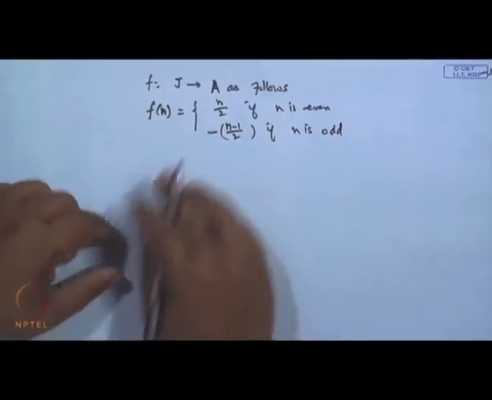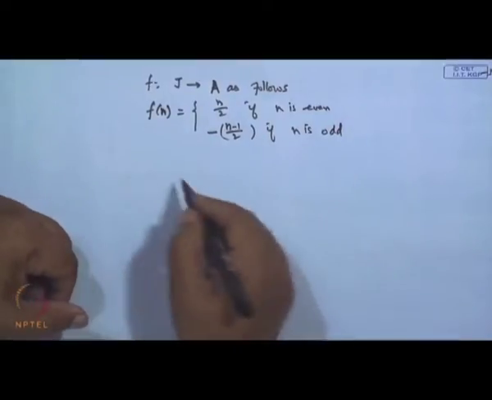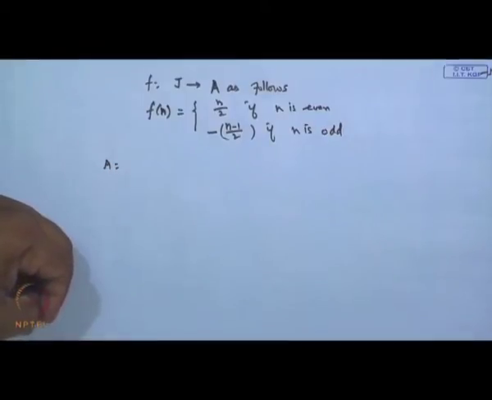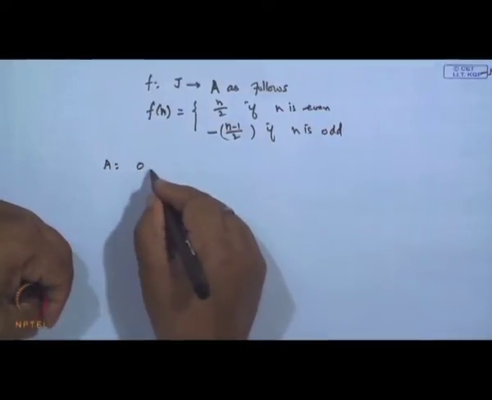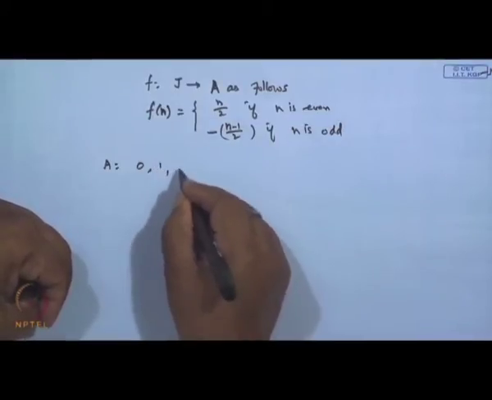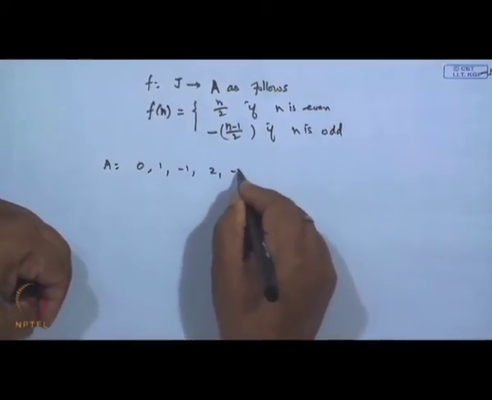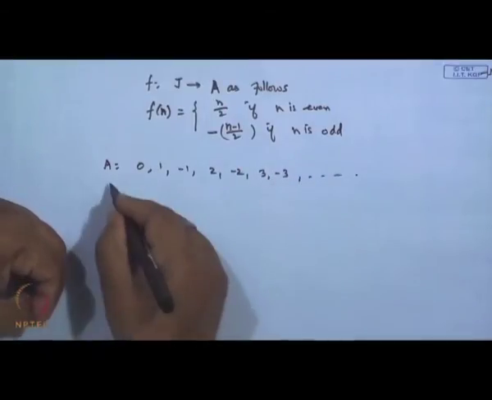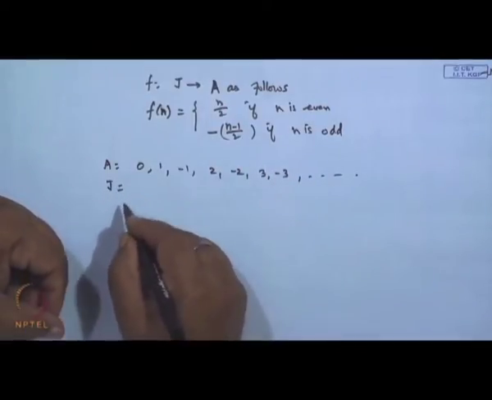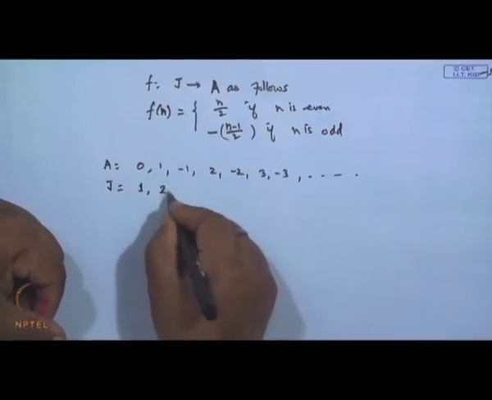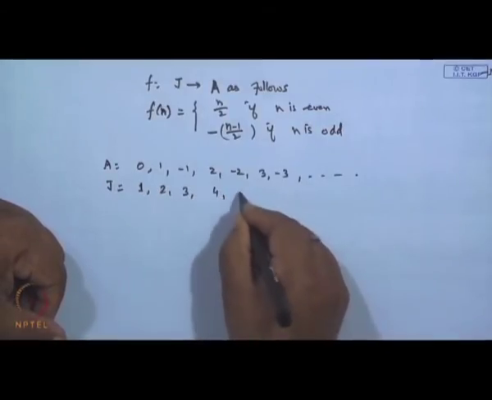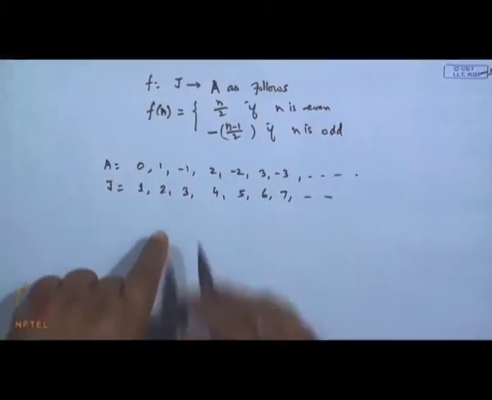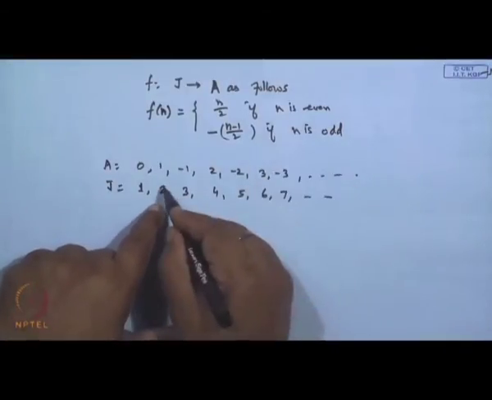So, what we see here is that if we take A, which is the set 0, 1, minus 1, 2, minus 2, 3, minus 3 and so on, and J, which is the set of positive integers 1, 2, 3, 4, 5, 6, 7 and so on. As soon as n is even, it will give n by 2.